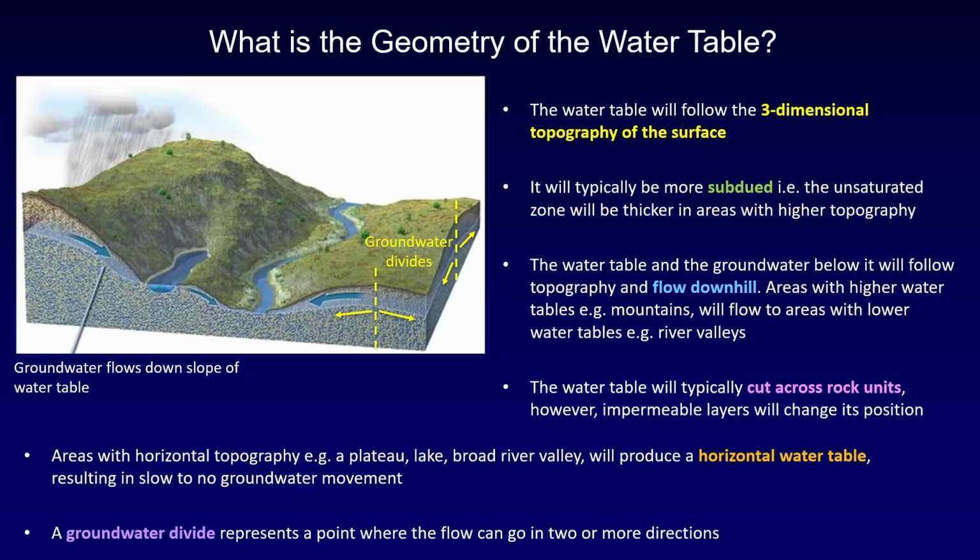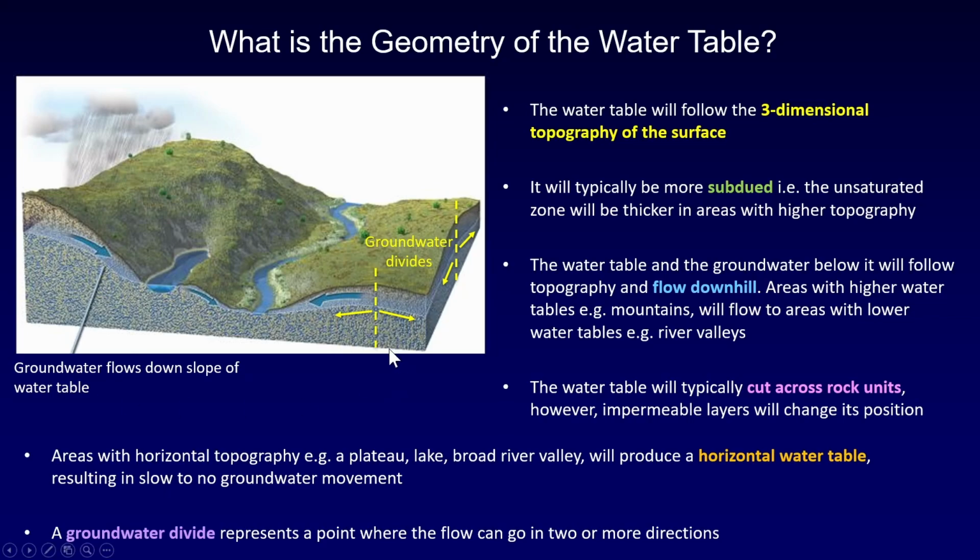And in this case, because there's no slope, the groundwater flow is going to slow down significantly, or there's going to be no groundwater flow. So if you want groundwater to move, you need there to be a slope on the water table. As soon as you enter an area where there is no slope on the water table, the groundwater flow will get very slow or come to a complete stop.